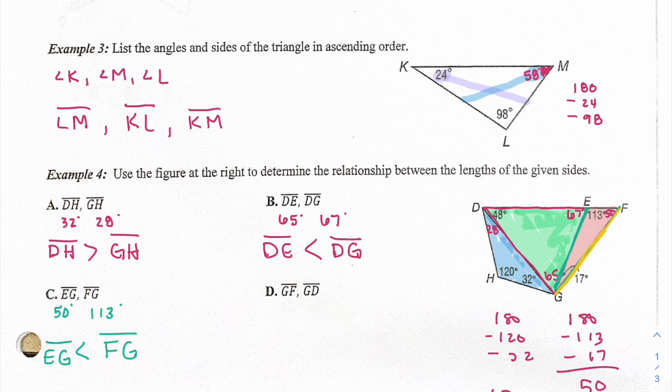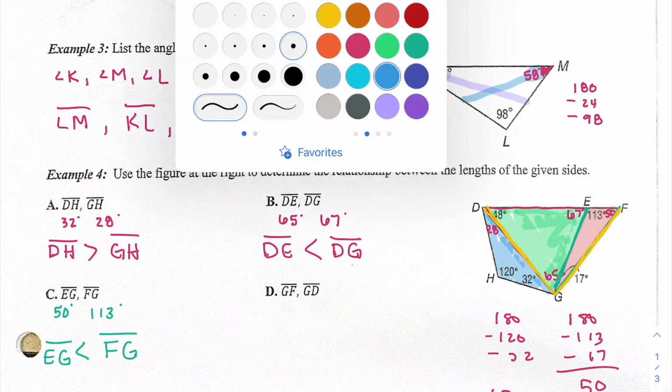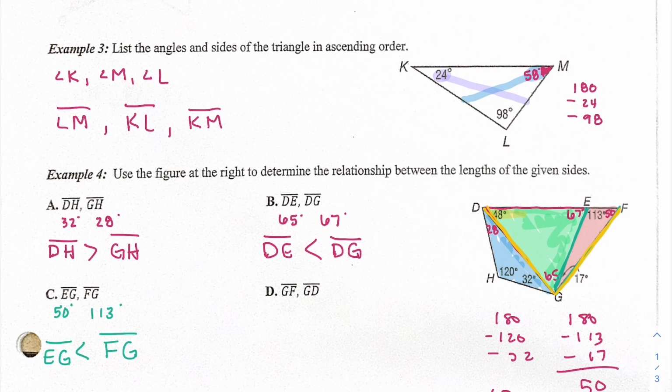And finally, GF and GD. Now this isn't part of a triangle that we've looked at. That's part of this big triangle, so I'm going to highlight that for us.